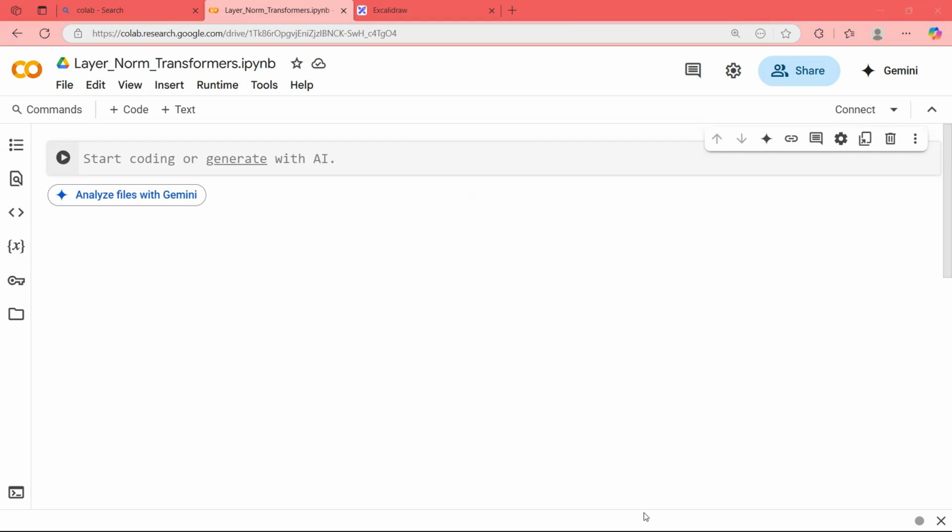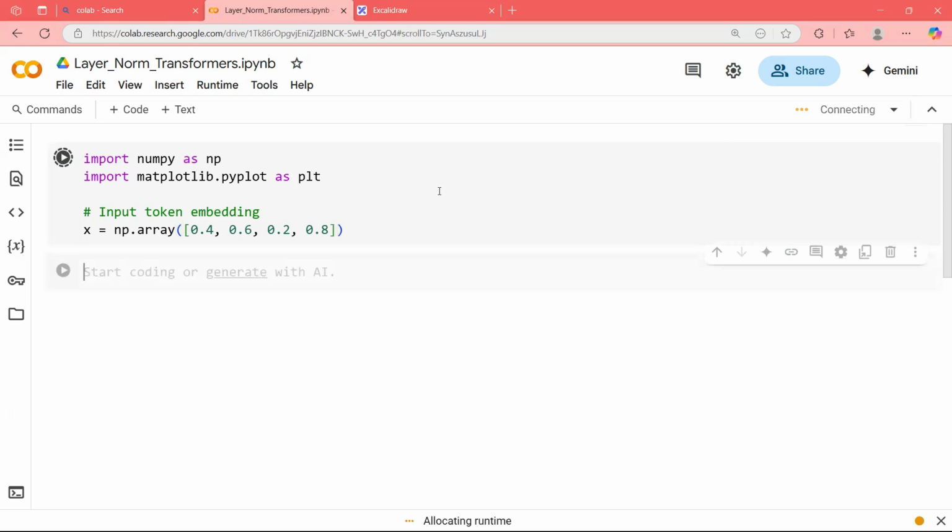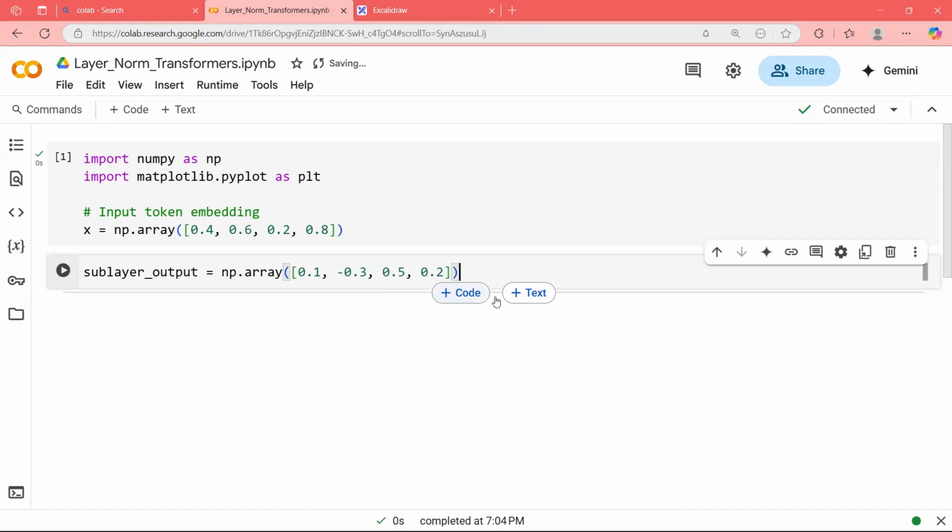So I will just take one token and try to show you. For example, this is my NumPy, matplotlib, and this is my input token embedding. Just a simple token I have taken. And then what I'm doing is I'm generating my sub layer output.